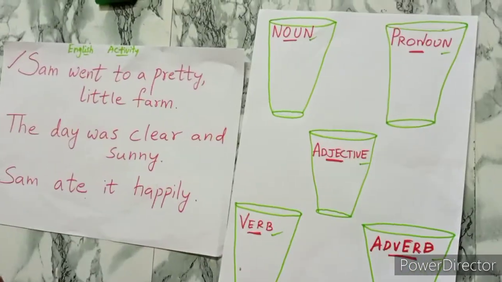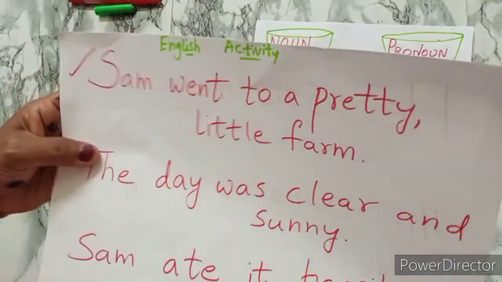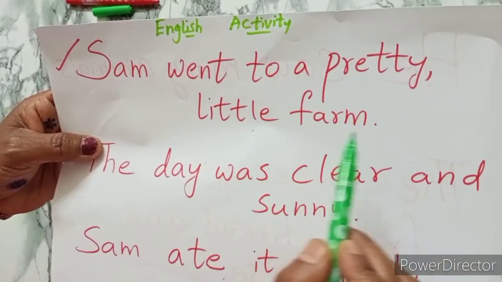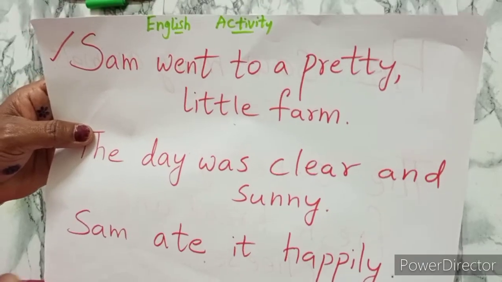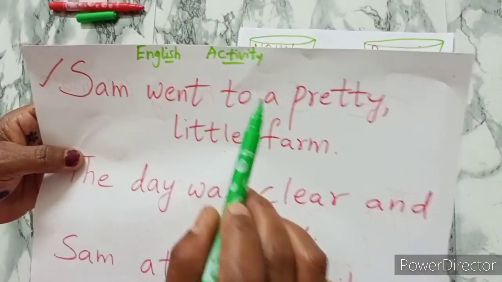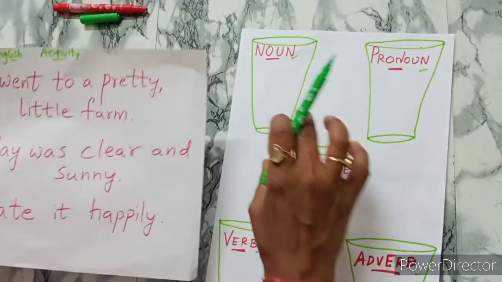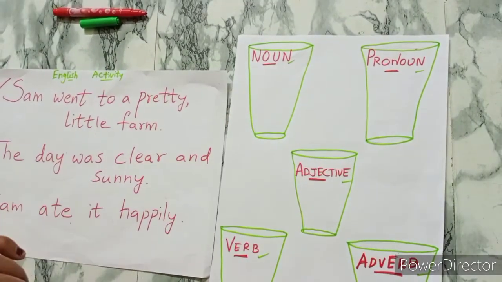Now what we are going to do is this. If you see the first sentence, Sam went to a pretty little farm is the sentence. We are going to select the nouns from this complete sentence. Whatever nouns are there, we put them in the noun glass.